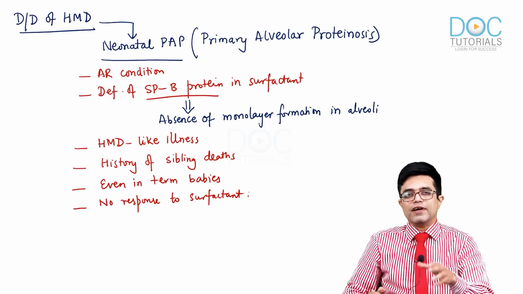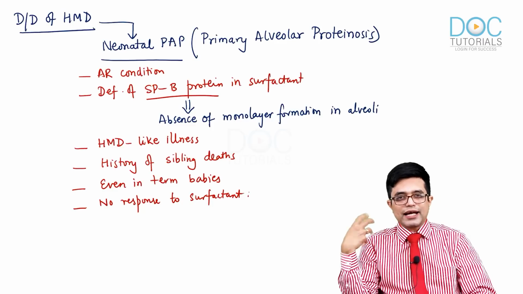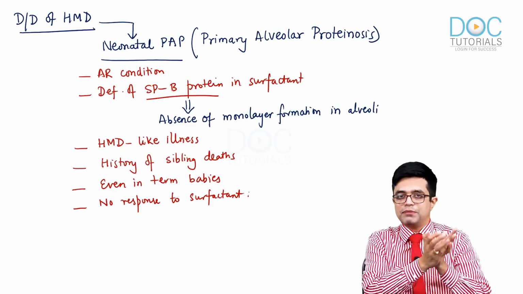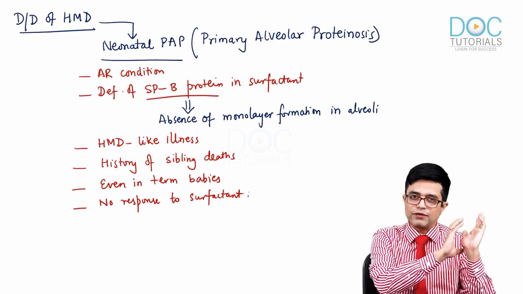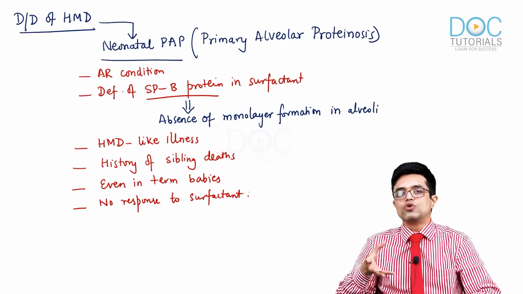In a child with HMD, when you give that, the child's type 2 pneumocytes are active. They in some way tend to compensate by releasing some SPB protein into that, and so that functions fine here. The exogenous surfactant that we use in these patients is not found to be effective.